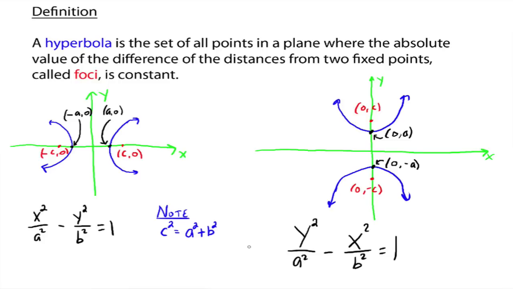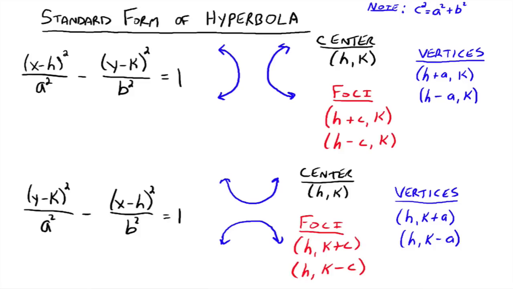So this is the scenario for hyperbolas where their center is located at the origin. Now that leads us to the standard form for a hyperbola. Note again, c squared is going to equal a squared plus b squared for a hyperbola. For an ellipse, remember it was c squared equals a squared minus b squared. So just be careful, make sure you remember which one you're dealing with.